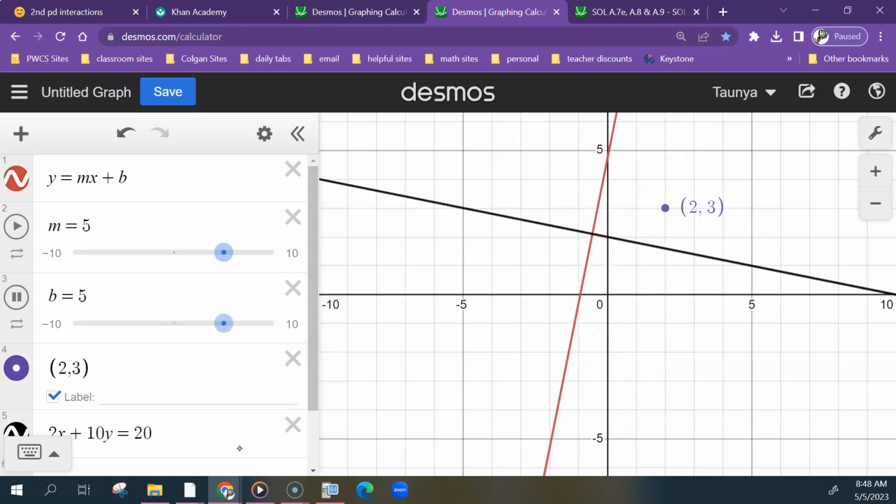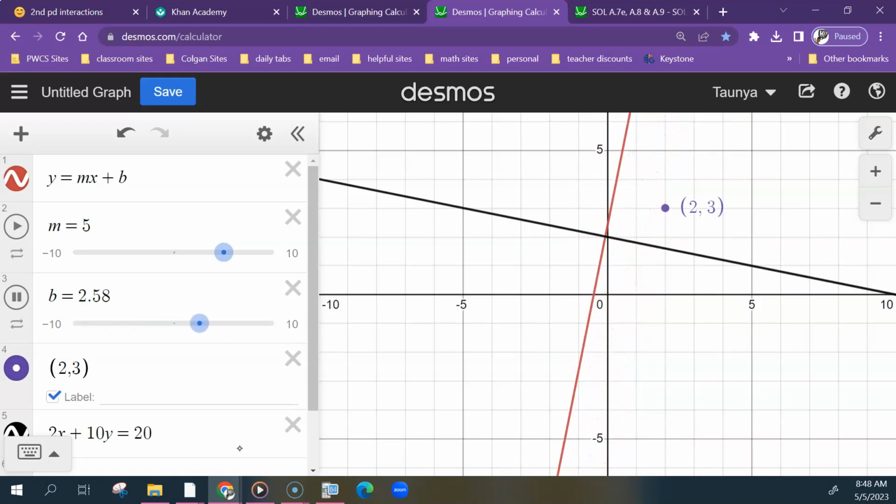It's a write-an-equation problem, so you should be putting in y equals mx plus b. It'll ask you to add in sliders, add in all of them. It's perpendicular, so I put in the point in the original equation. The original equation's slope is -1/5. So if it's perpendicular, we have to take that and flip it and make it positive. So our slope would now be 5.